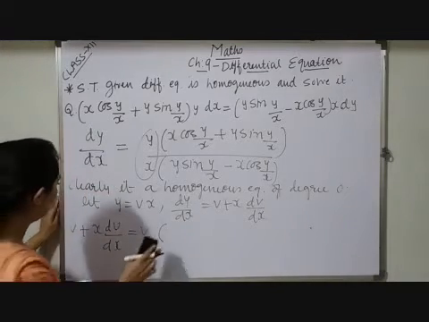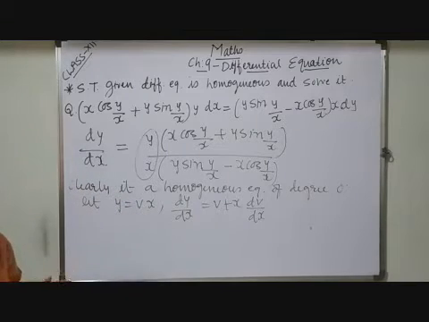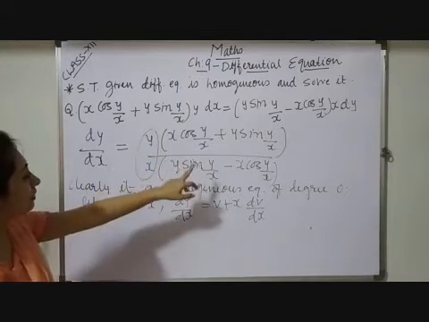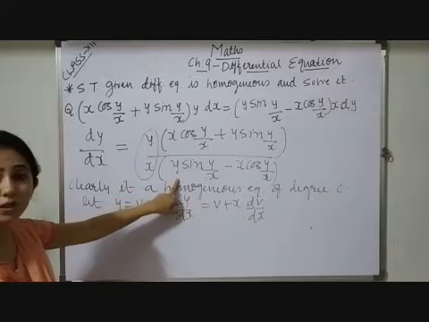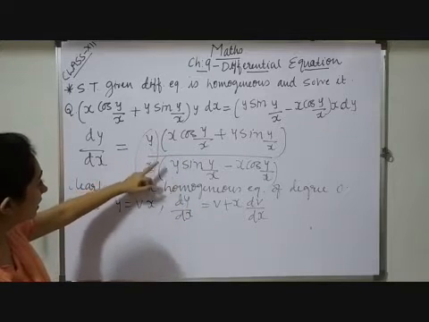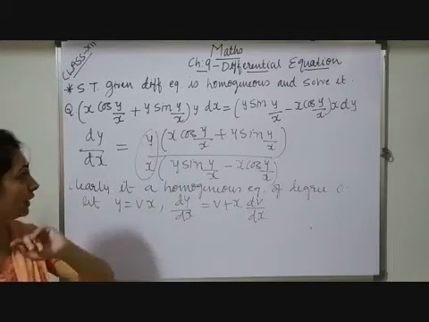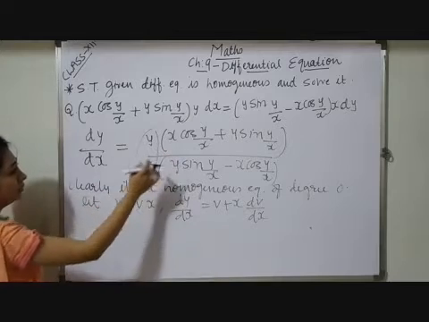divide your whole equation by x, because you can observe the highest power of x in numerator and denominator is 1. So divide numerator and denominator by x.